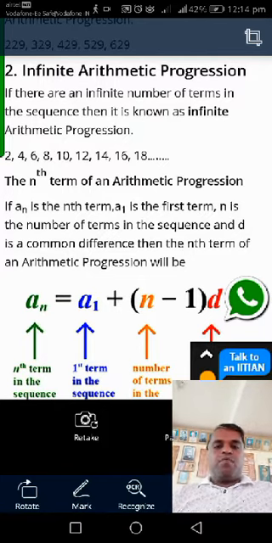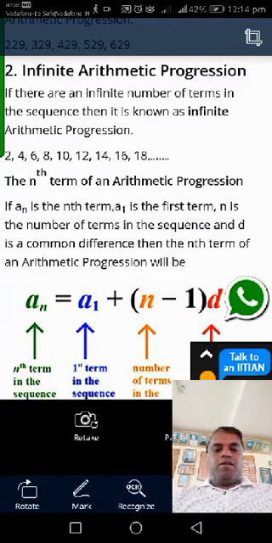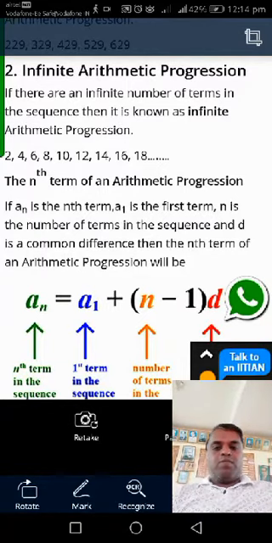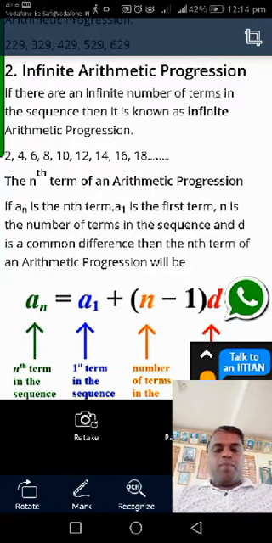The nth term of an arithmetic progression: if an is the nth term, a1 is the first term, n is the number of terms, and d is the common difference, then the nth term of the arithmetic progression will be an equals a1 plus n minus 1 into d.